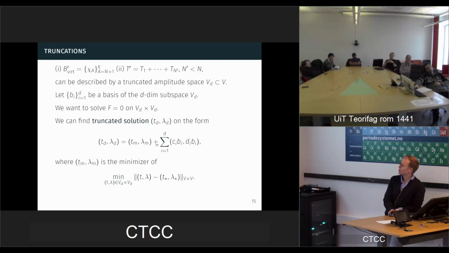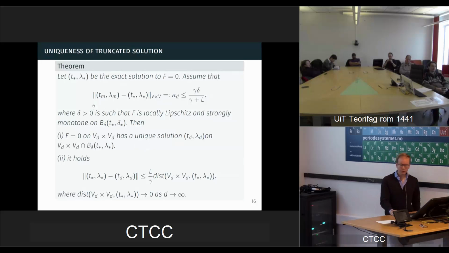And here we add something that corrects this, so we allow some indeterminate coefficients in terms of the basis on this truncated space.